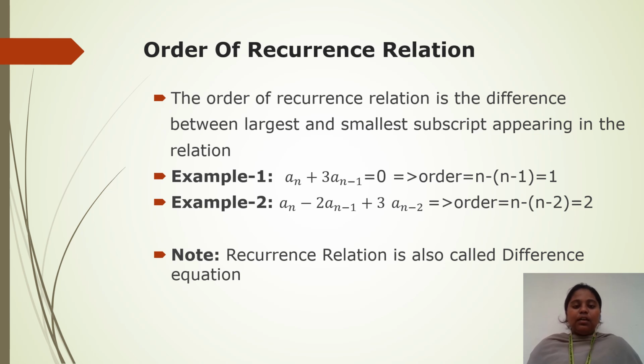Here the same thing: a_n minus 2 a_(n-1) plus 3 a_(n-2). The largest subscript is n and the smallest subscript is n minus 2, so n minus (n minus 2) gives an order of 2. Note, a recurrence relation is also called a difference equation.